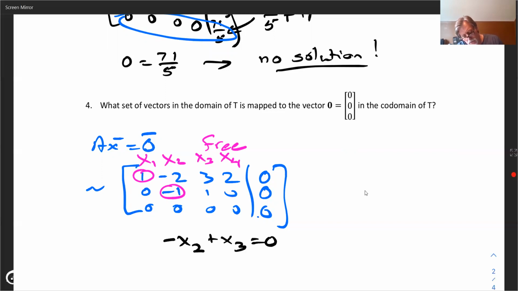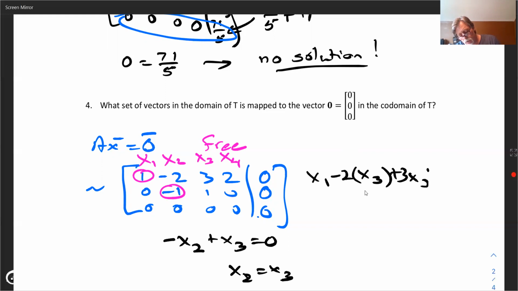So x2 and x3 have to be equal for this solution. But then you have the top one as well: x1 minus twice x2, but x2 is x3, then plus 3x3 and plus 2x4 is 0. So what you end up with is x1 equals negative x3 minus 2x4.